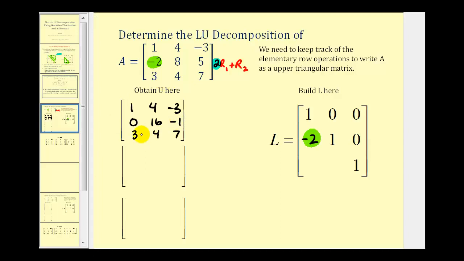Now that we have this matrix, let's obtain a 0 in this position here. So again, we want to add a multiple of another row to row 3 to obtain a 0 here. Let's replace row 3 with -3 times row 1 plus row 3. First two rows stay the same.